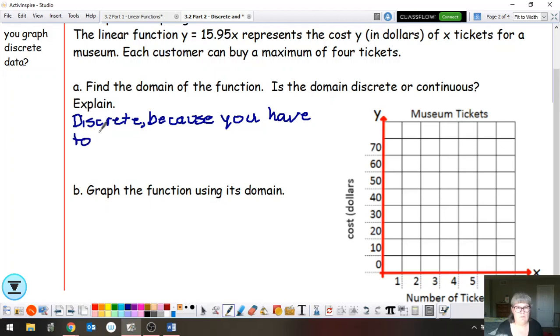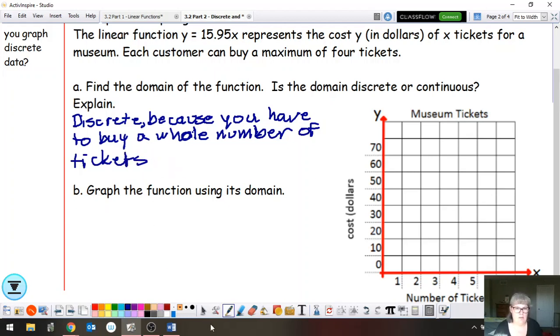So it's discrete because you have to buy a whole number of tickets. So what is that domain?